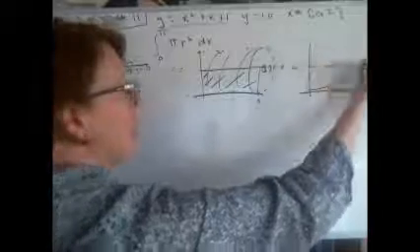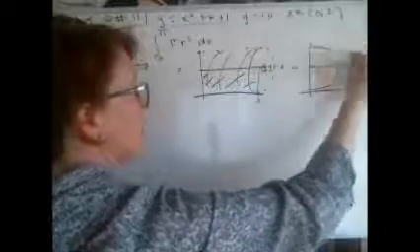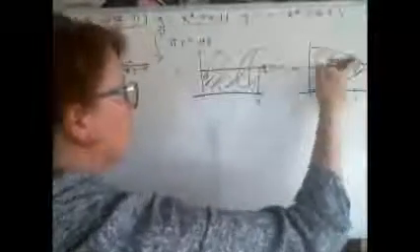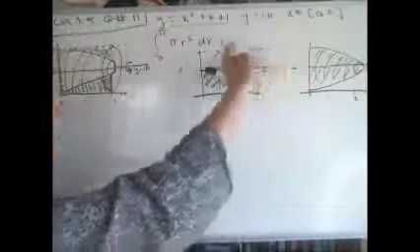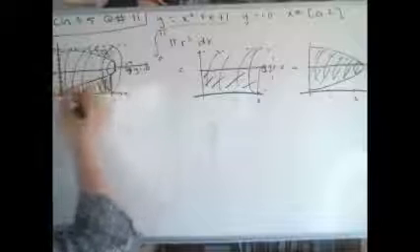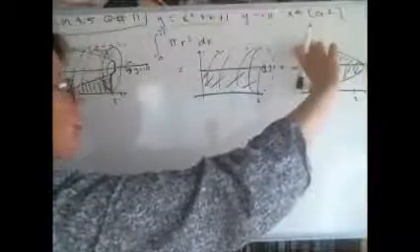I'm going to rotate this around the axis, so I get this solid shape here. I'm going to subtract this solid piece from this really large solid piece, and it's going to give me what's left over, which is the area between my parabola and the x-axis.